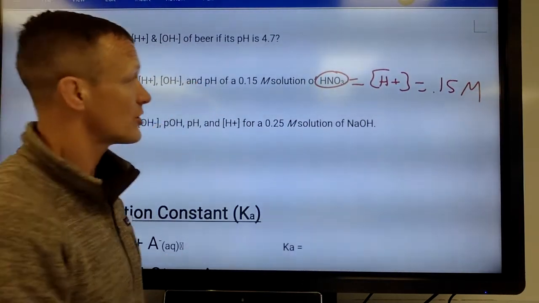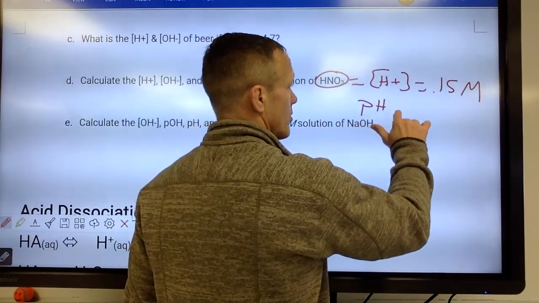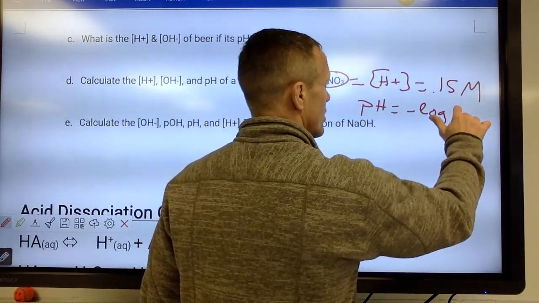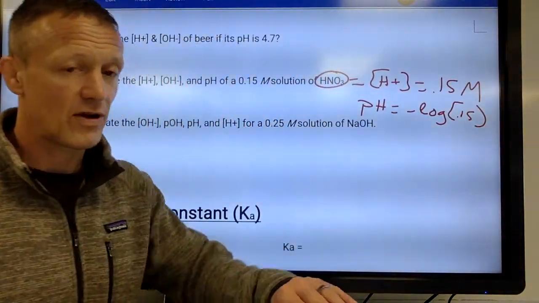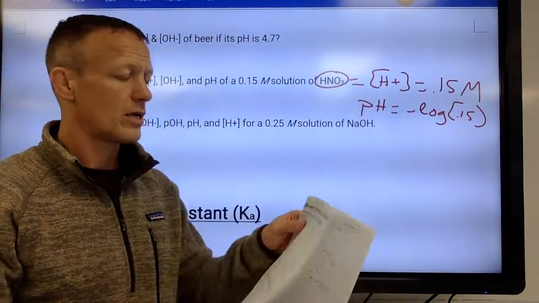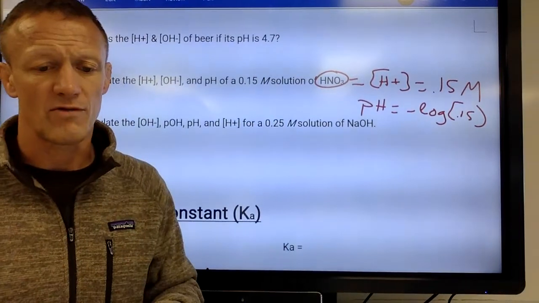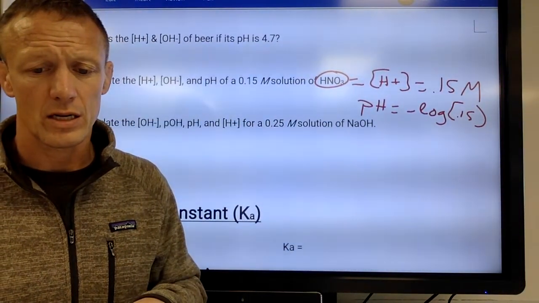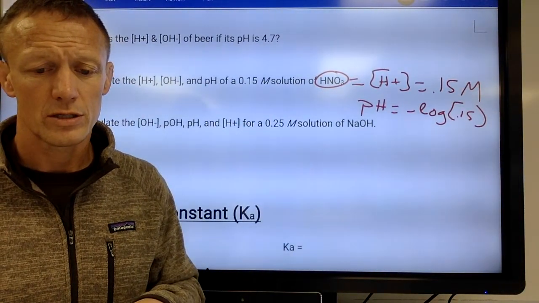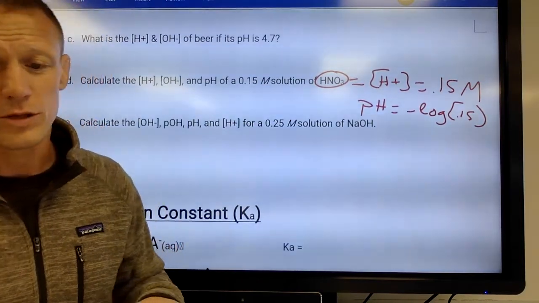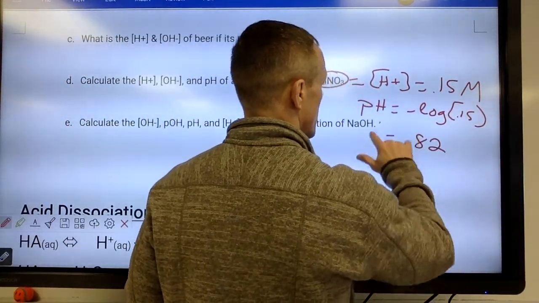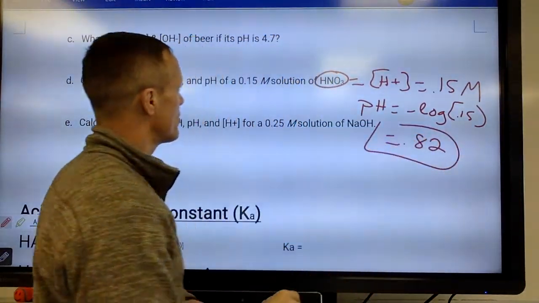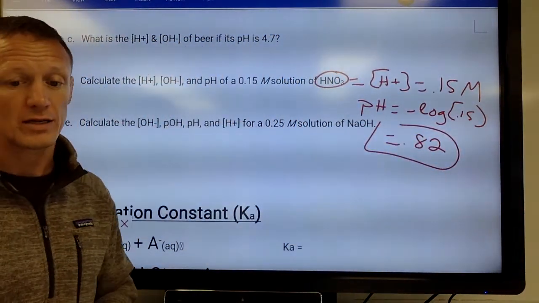If I want to get my pH, it would equal negative log of that concentration, negative log of 0.15. And negative log of 0.15 is 0.82, I believe. Pretty low pH, because that's a pretty high concentration of H plus ions.